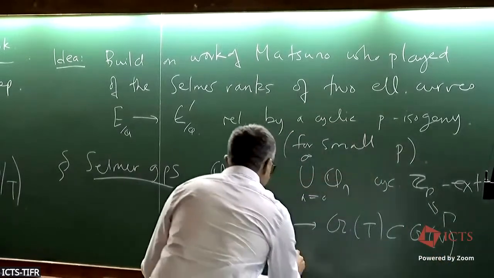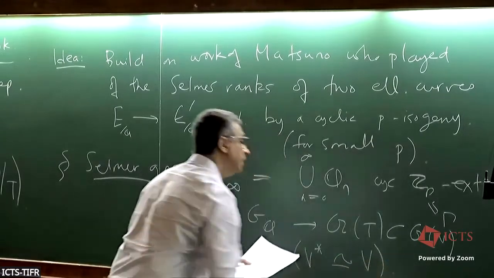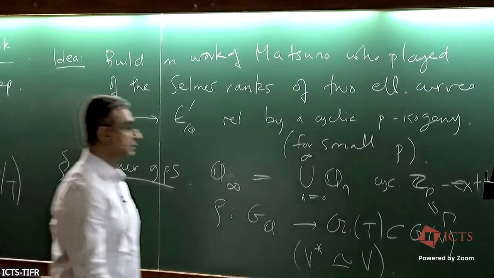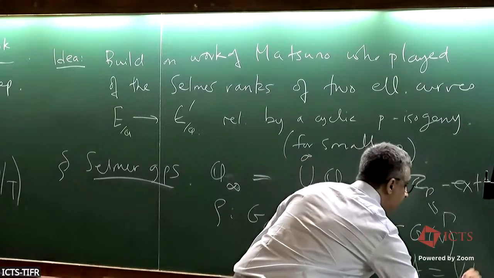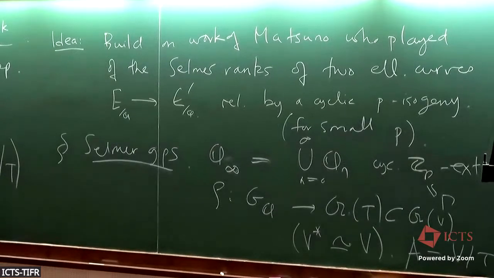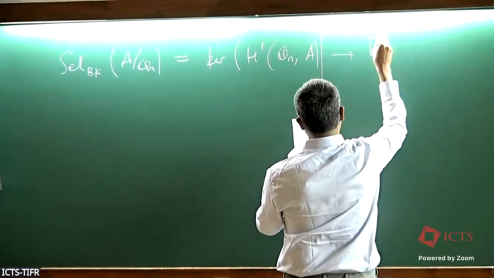And I'm going to assume that the Tate dual of V is isomorphic to V, self-dual. So Hom(V, Q_p(1)) is isomorphic to V. And A is V mod T, and with this notation, the Bloch-Kato Selmer group of A over Q_n is the kernel of H^1(Q_n, A coefficients) to the product of all primes.